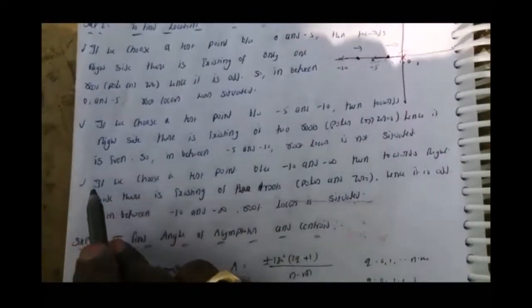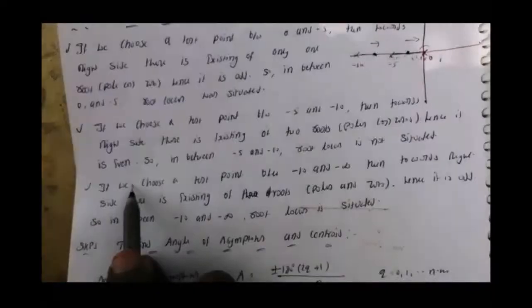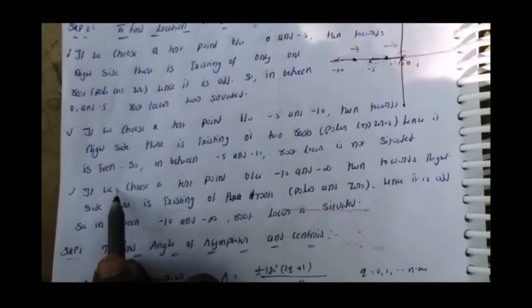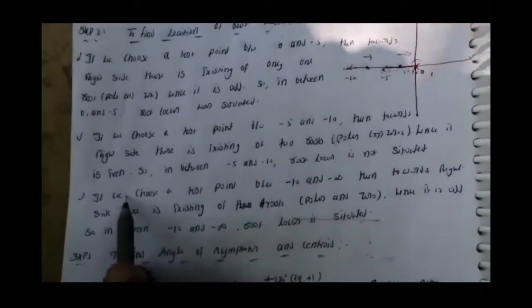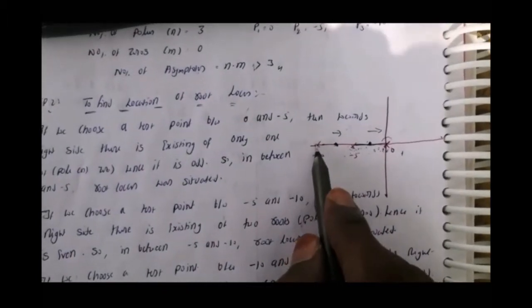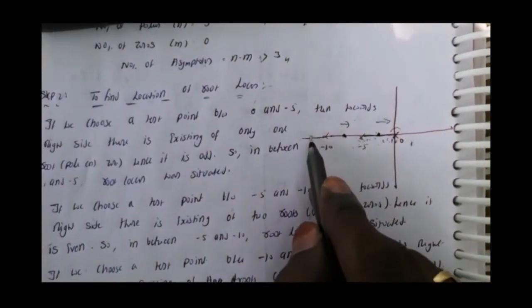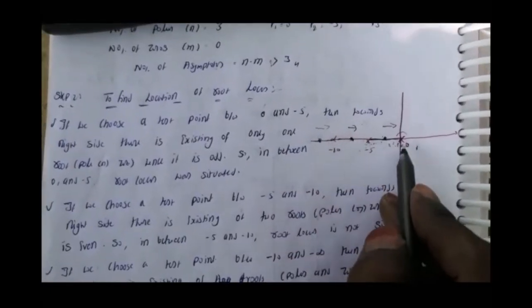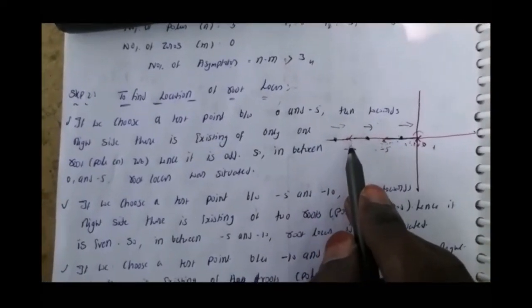Next, the third one: if we choose the test point between minus 10 and minus infinity, then towards the right side there are 3 roots. When we look back towards the origin, there are 3 roots, 1, 2, 3.